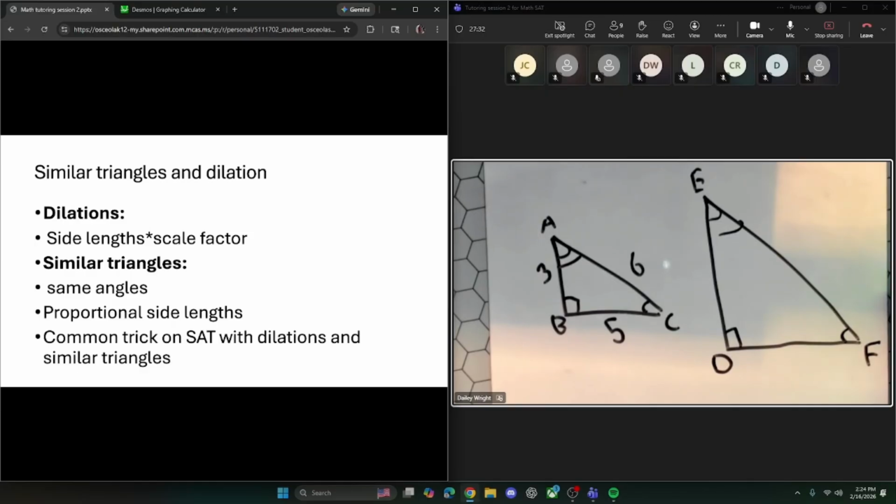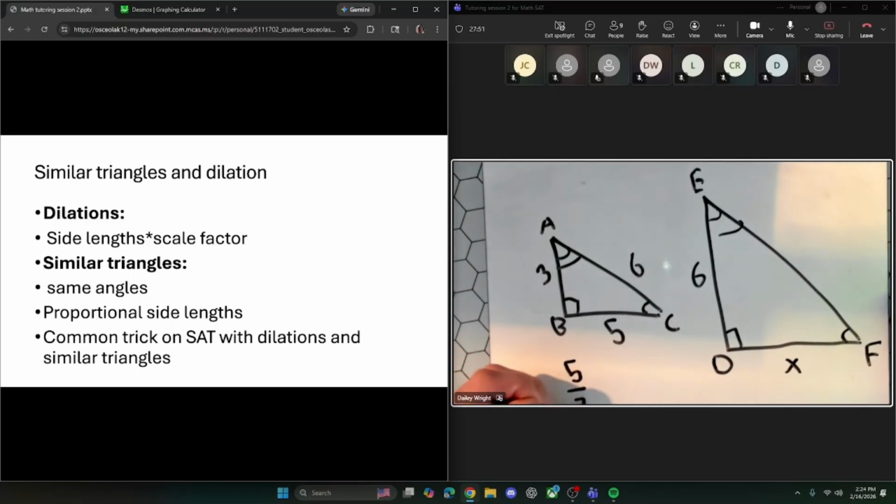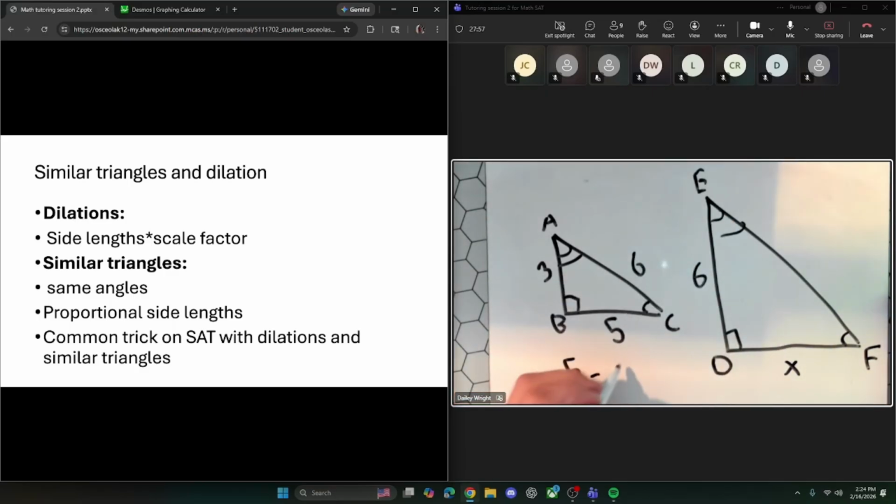So, proportional. We know, let's say this side length is 6, and we wanted to find DF. So what I would do here is BC to BA is 5 over 3. And you set it equal to DF to DE, which would be x over 6.